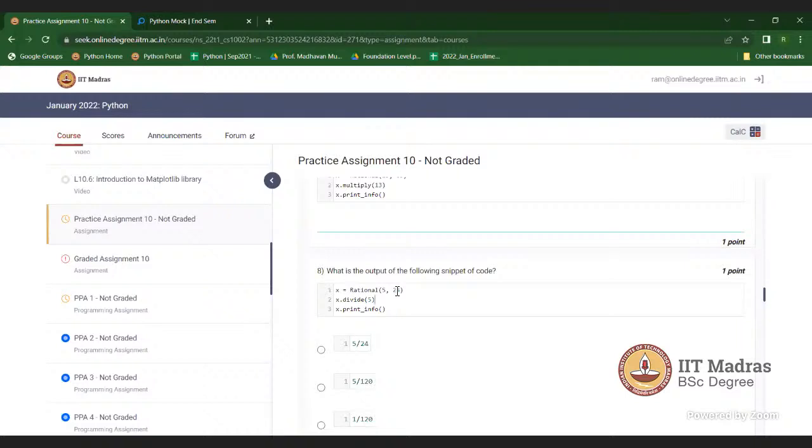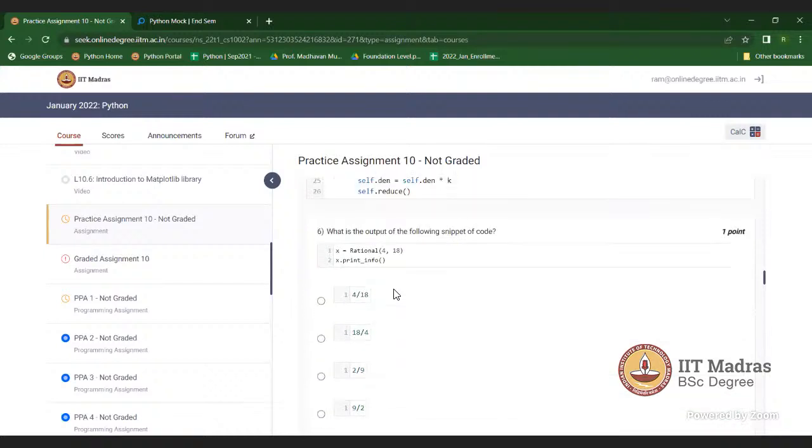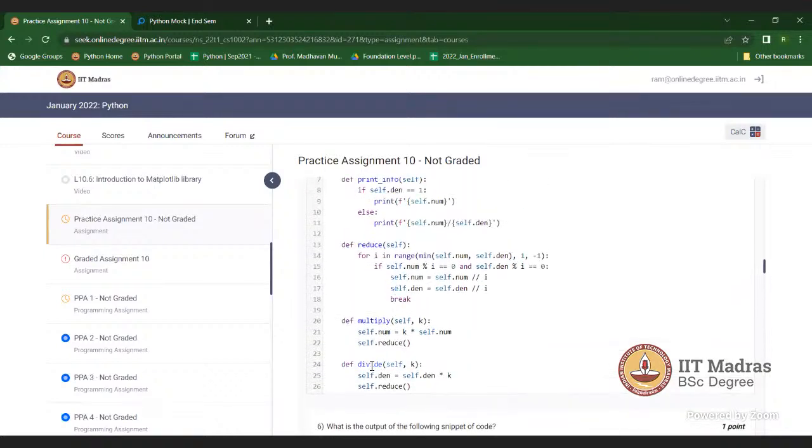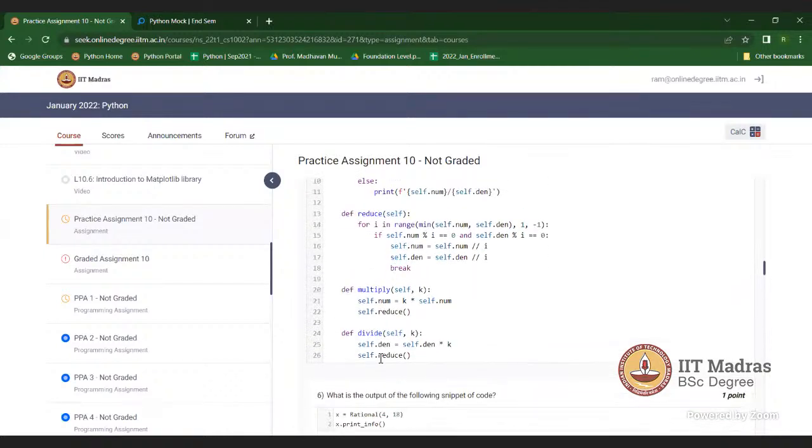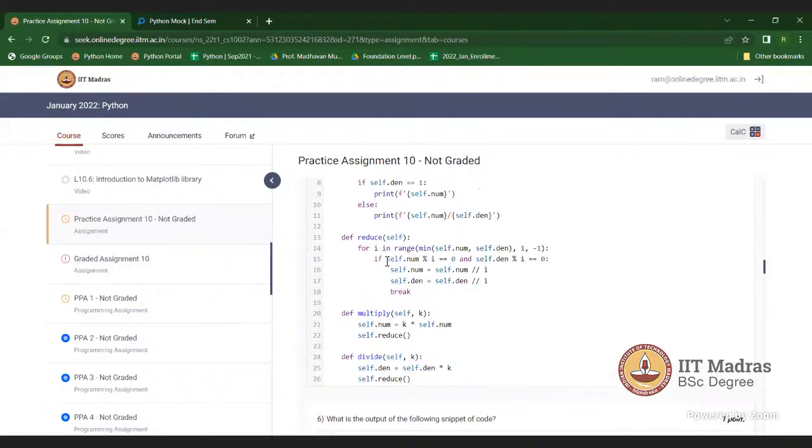Correct? So now when we call this reduce, it's going to loop for i in range of minimum of self.num, self.denominator, which is the minimum of 5 comma 24 into 5. The minimum of those values is 5 only, obviously.